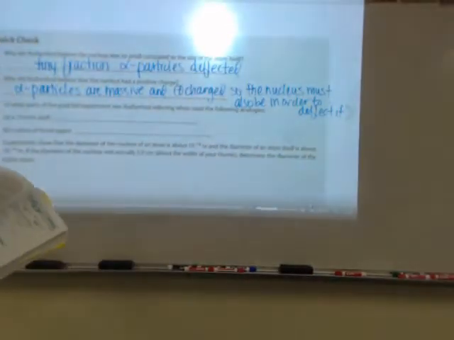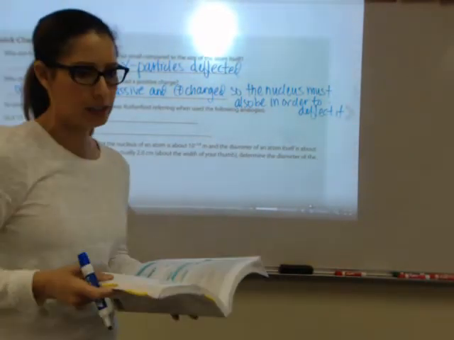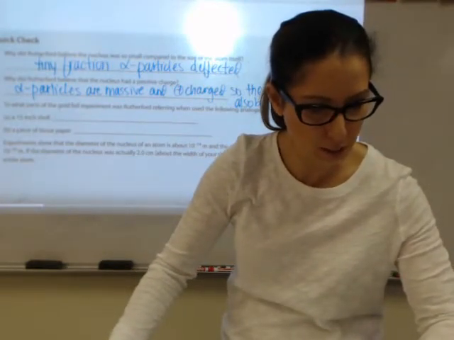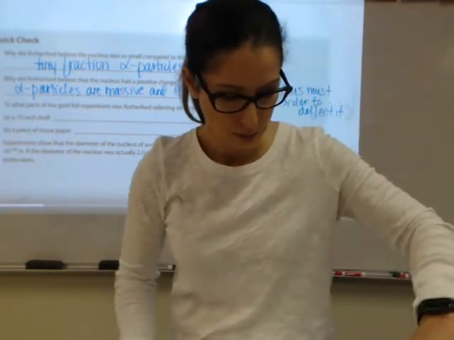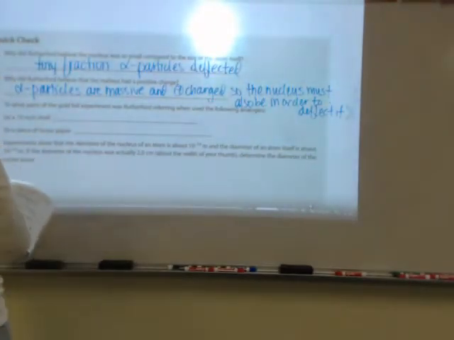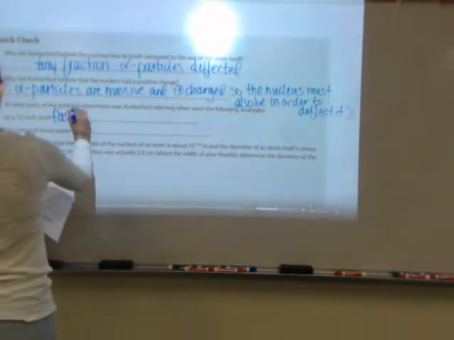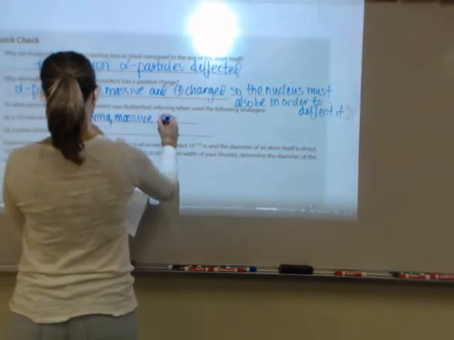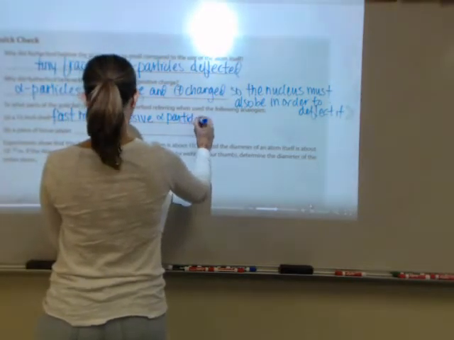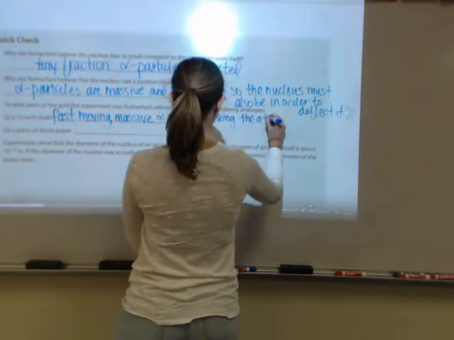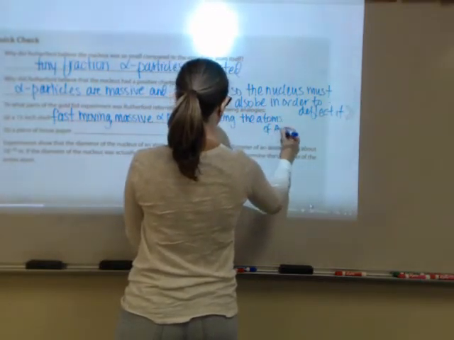Number 3, to what parts of the gold foil experiment was Rutherford referring to when he used the following analogies? So a 15-inch shell, that would be a fast-moving, massive alpha particle striking the atoms of gold foil.